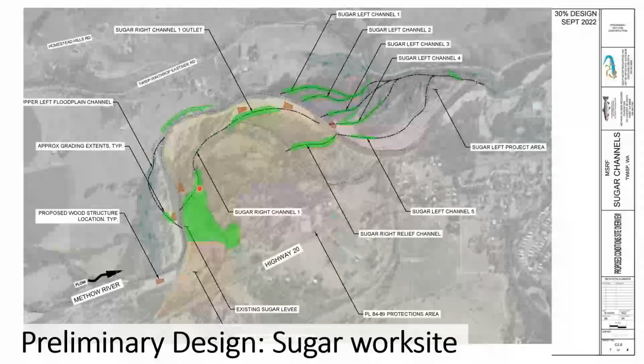We are looking to increase channel length of the Sugar Side channel. The current outlet comes through here, and we'd be looking to do some activation to increase that channel length. There's an existing high water channel that follows this path. We are not looking at specific actions within that channel.